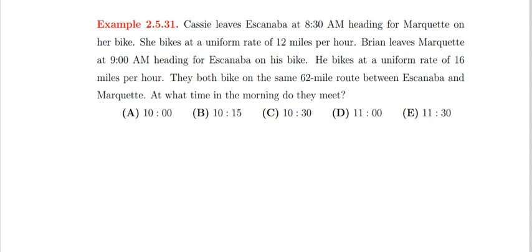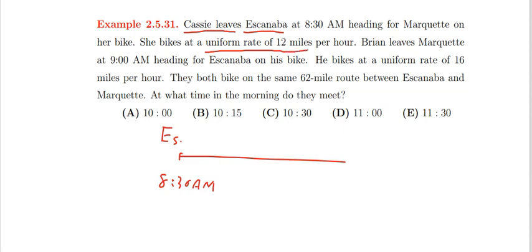This guy leaves this city. So let's see. So this city we call this east, this city at 8:30 a.m. On his bike, and he bikes at the uniform rate of 12 miles per hour.